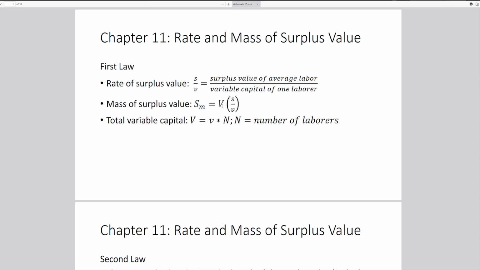In their striving to increase capital S as much as possible, you're going to have some limits on your rate of exploitation, or rate of surplus value, that you're going to have to struggle with and figure out how to get around. And you're also going to have some limits on capital V, like how much you have to pay your workers, because of class struggle and all that fun stuff.